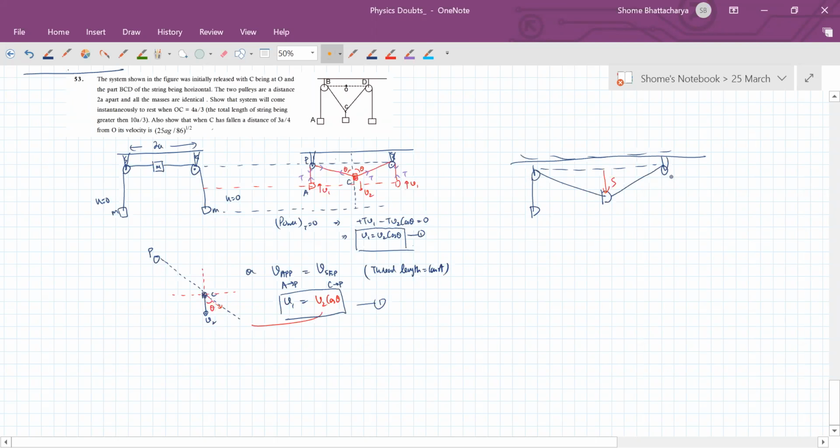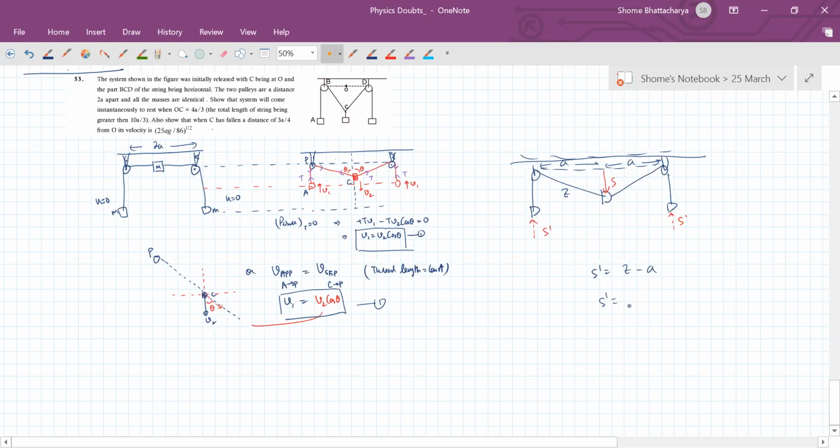So these two have comparatively gone up by some displacement S prime. Now can you tell me how much S prime will be? So thread length conservation. No? So S prime will be this hypotenuse, let's say Z, minus this A, right?